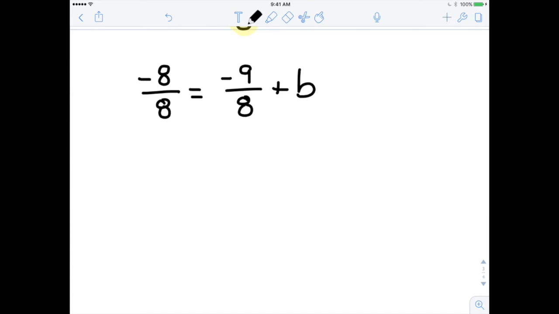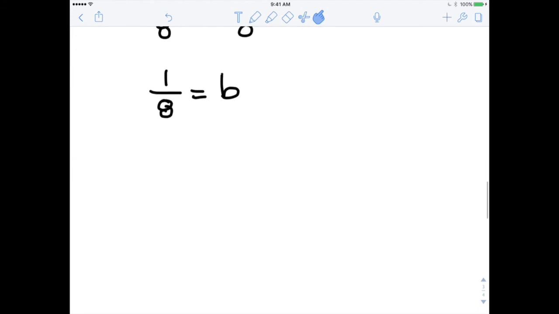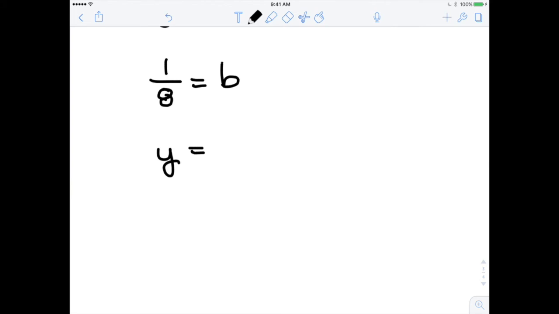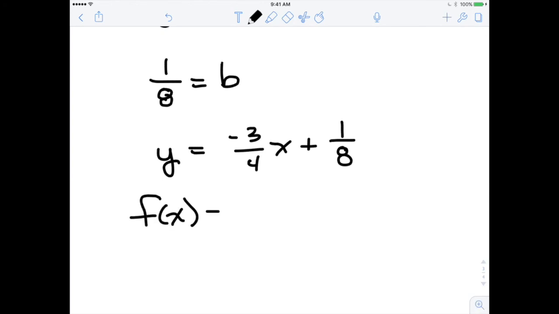I want to move the -9/8 over, so I'll add 9/8 on both sides. 9/8 minus 8/8 is simply just 1/8. That equals my b. Now I can put everything together and say that y equals -3/4 x plus 1/8, or more formally, f of x equals -3/4 x plus 1/8.